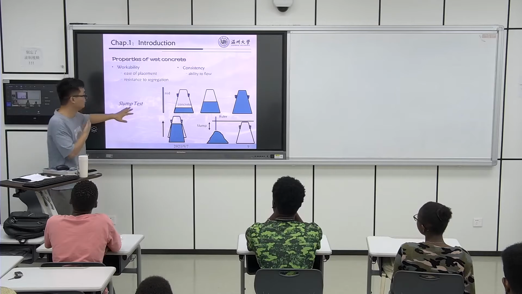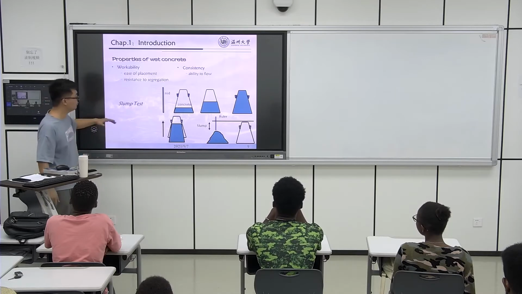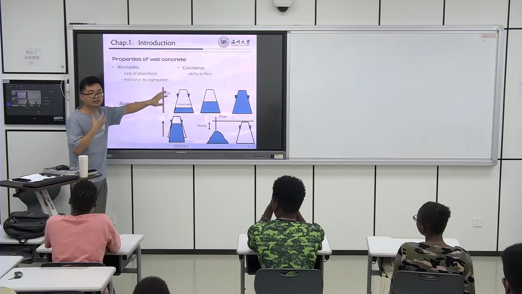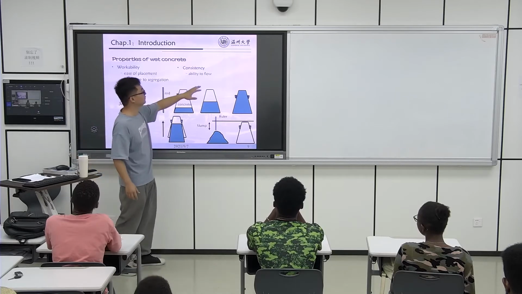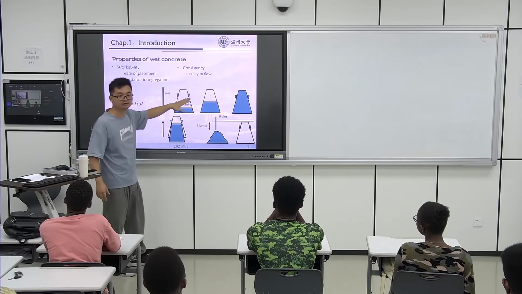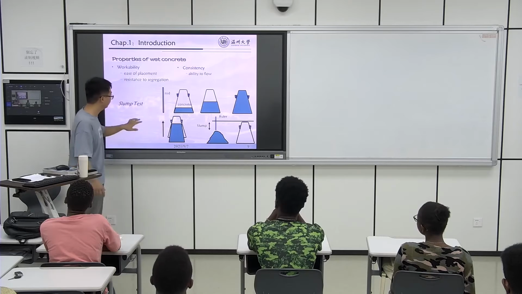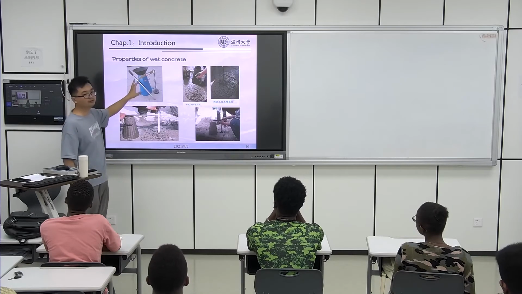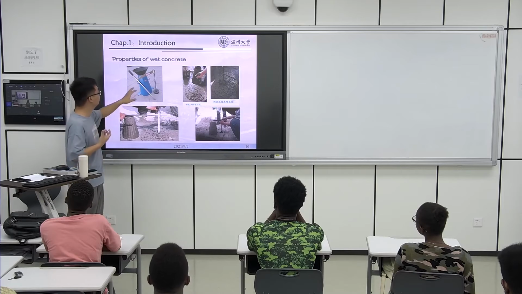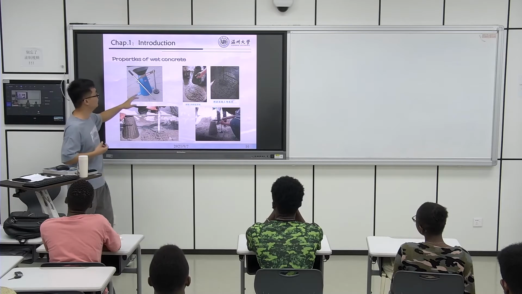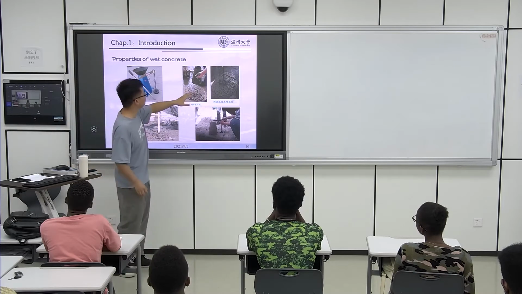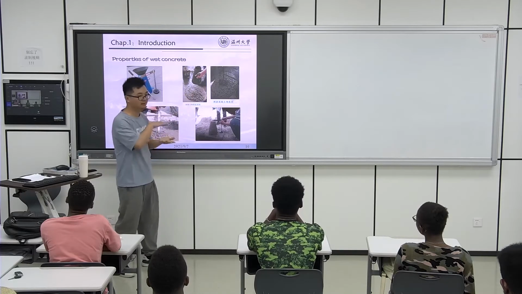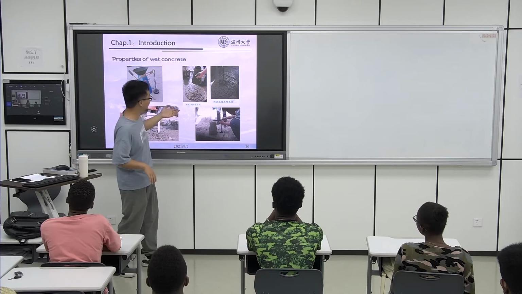But here, I introduced the slump test, used to judge the character of the concrete flow. It's okay, right? Yeah, this is the shape of the tools that we use. Here, we remove this shape, and the concrete will slump.